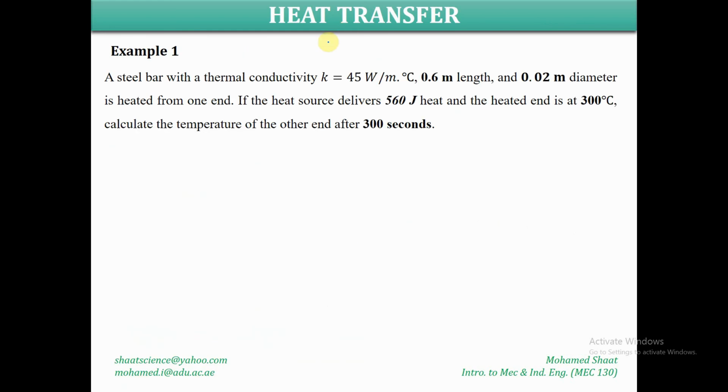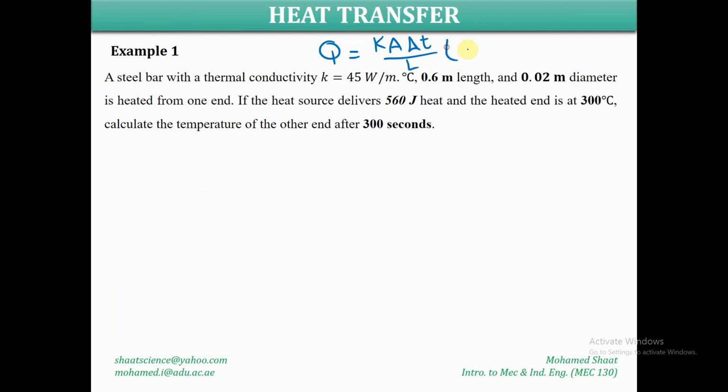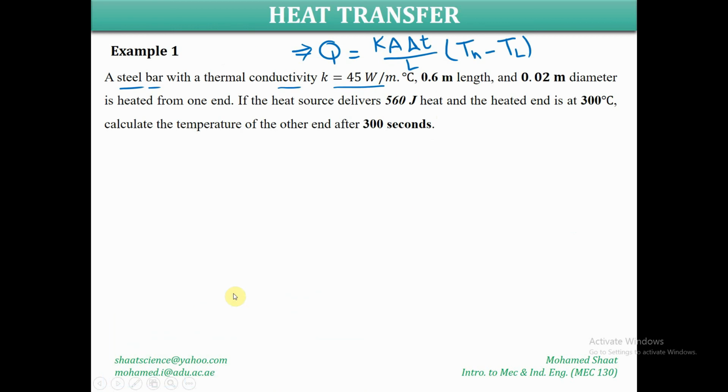So this is an example here as a practice over this expression. We already defined Q as equal to the thermal conductivity times the cross-sectional area times delta T, the change in temperature from the low temperature to the high temperature, divided by the length of the object. This is the heat transfer by conduction expression. Say you have a steel bar with a thermal conductivity of 45 watt per meter degrees Celsius, as we already mentioned.